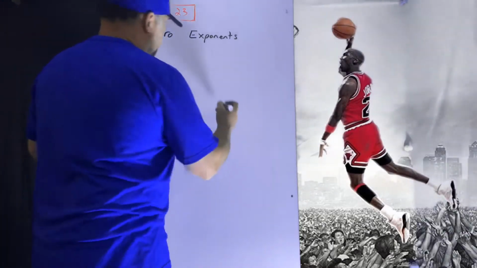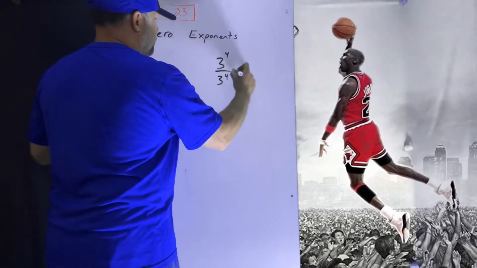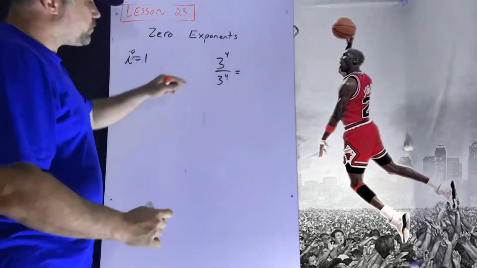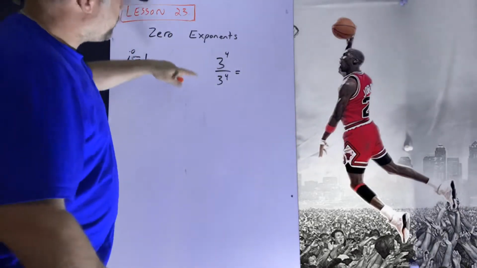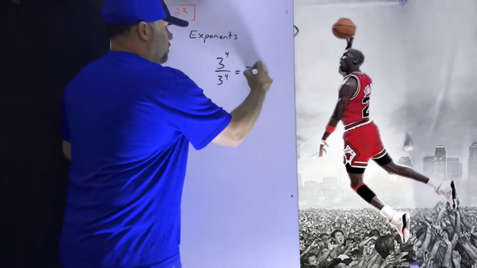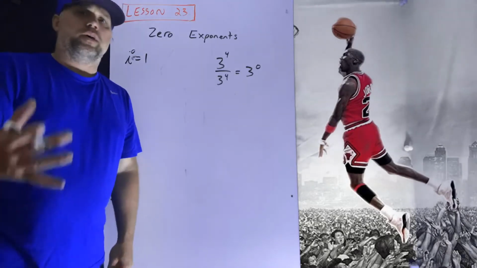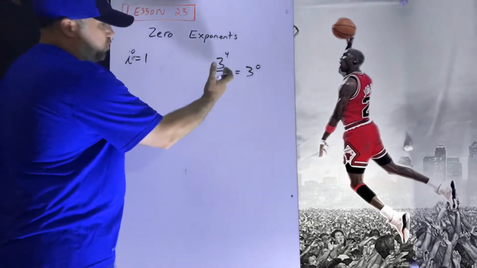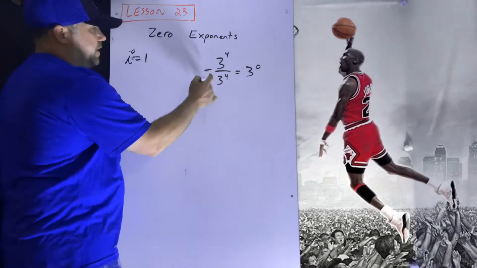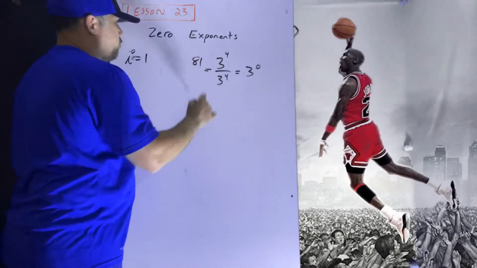If I have something like 3 to the 4th power over 3 to the 4th power, if you use your exponent laws, which are if the base is the same, you subtract your exponents, this turns into 3 to the 0 power. If I do this same problem another way, by actually taking 3 and raising it to the 4th power, I get 81.